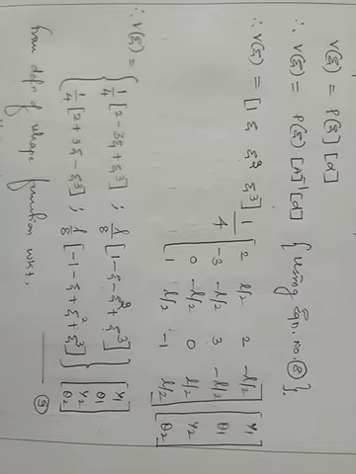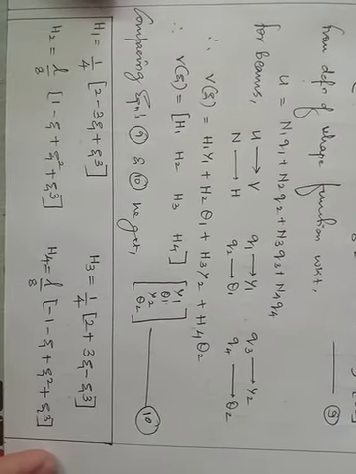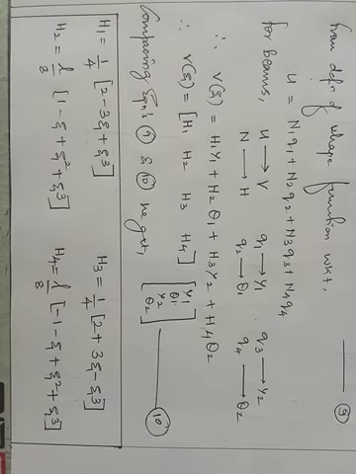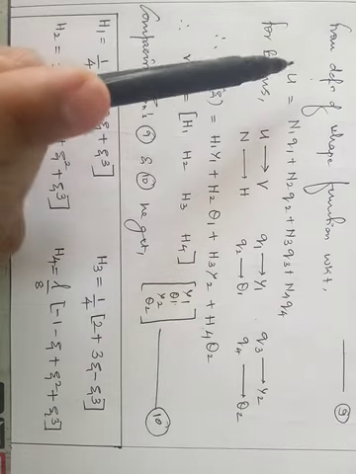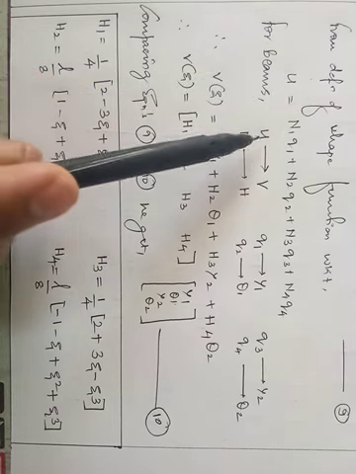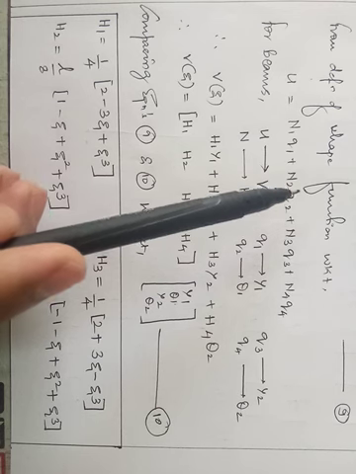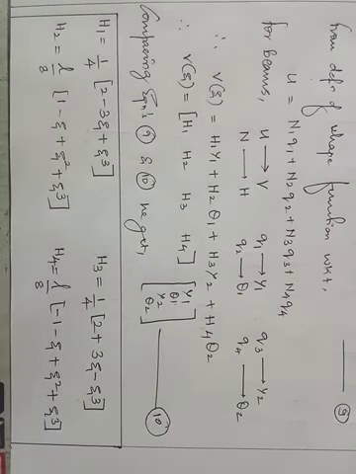Now from the definition of the shape function, what we have studied in module number 2, there we have studied that u is equal to n1 q1 plus n2 q2 plus n3 q3 plus n4 q4 and so on. Now for beams it is very important. For beams, this polynomial what I have assumed is v, so that u becomes v. Now n, which was a normal shape function, when it comes to beam is called Hermite shape function.